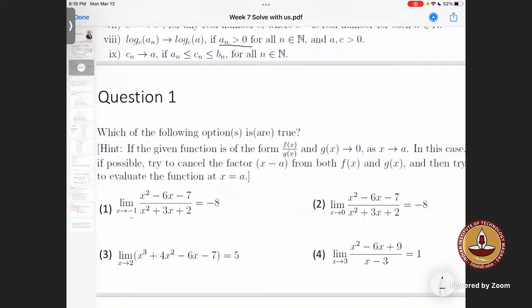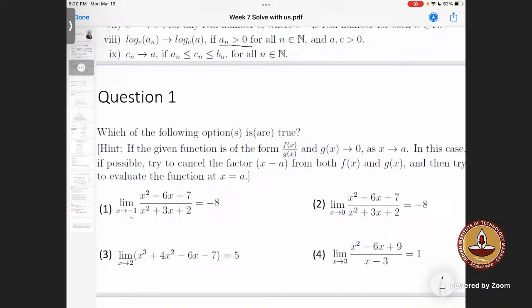And for 2? -7/2. Okay. For 3? 3 is correct. For question 4, it's 0.